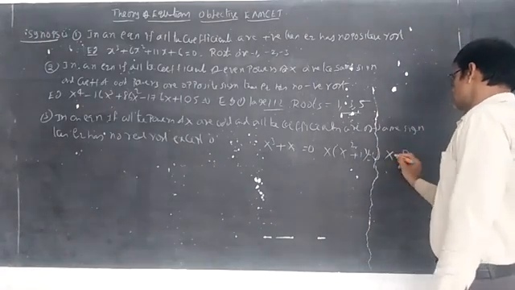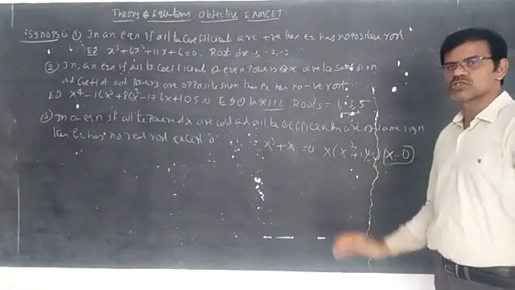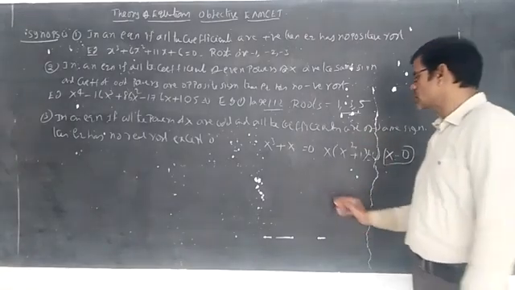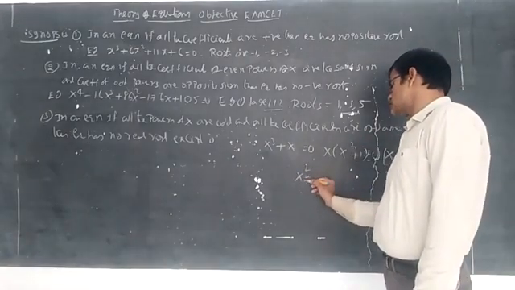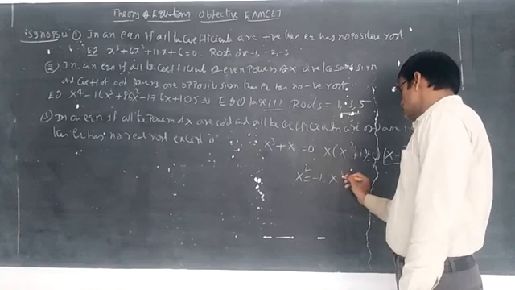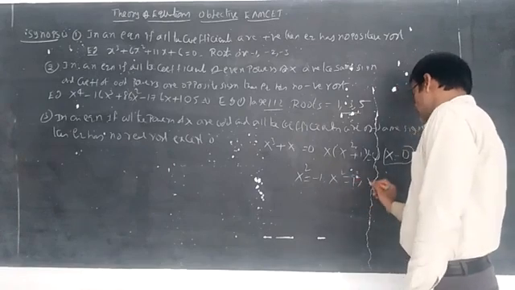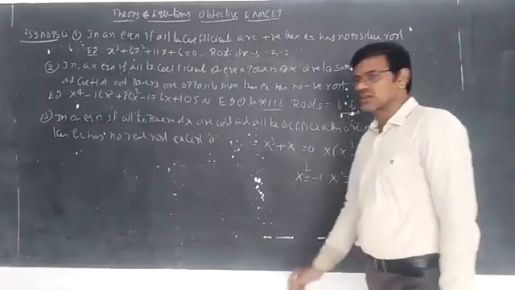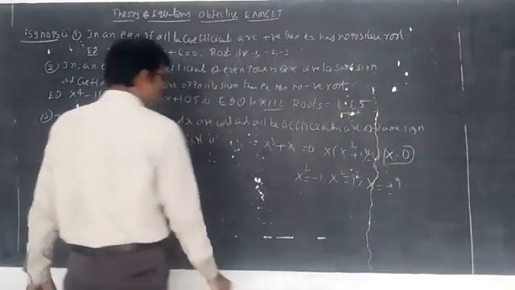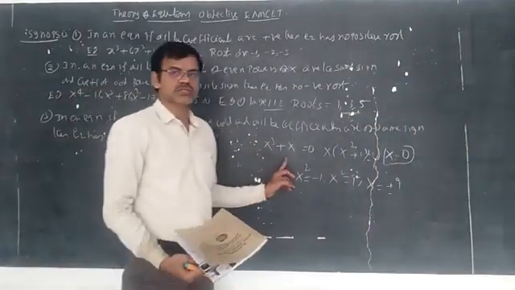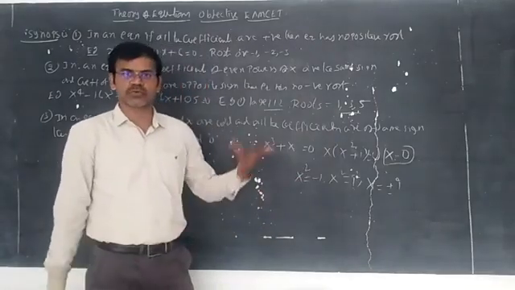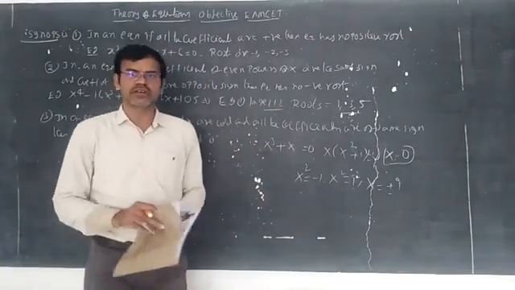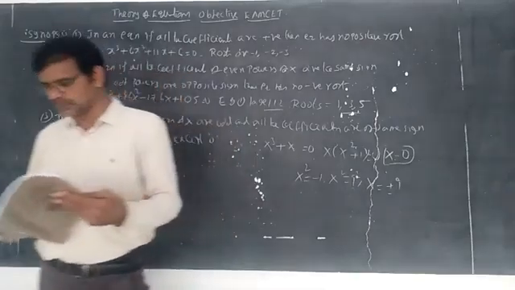So x is equal to 0 is a chance. But if you take x square is equal to minus 1, x square is equal to i square, x is equal to plus or minus i, imaginary. So there is no real root. This simple example I have taken, x cube plus x; you can also take x power 5, x power 7 like that.